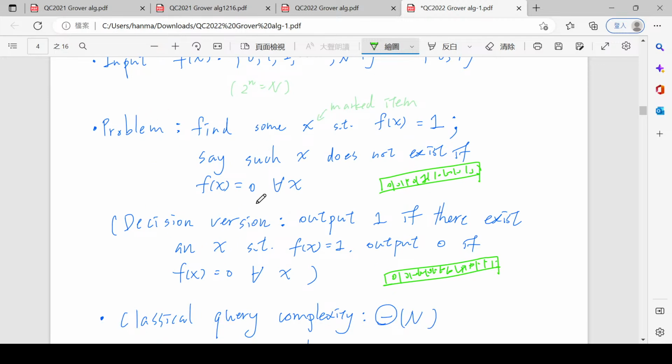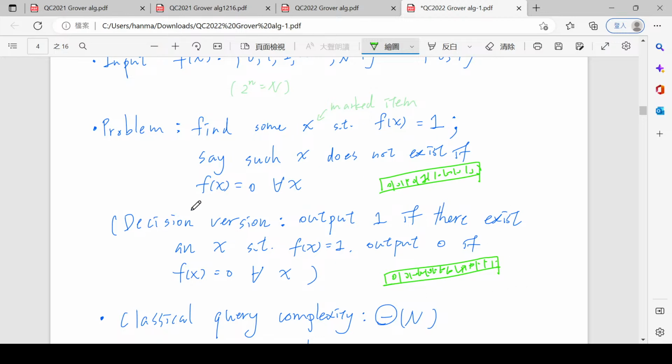And also, some more digression, for this problem you can also reduce search to decision, right? Because you can do binary search. You can say, is there any 1 in everything? And if there is a 1, then you cut this in half and see, is there a 1 in the first half, is there a 1 in the second half, etc. But it's a bit tricky because I was assuming there is only one.